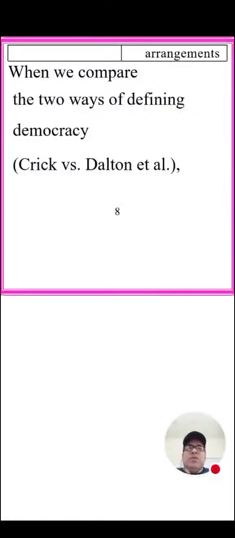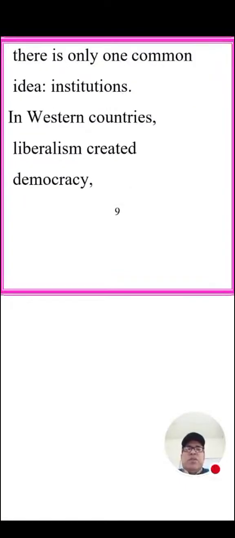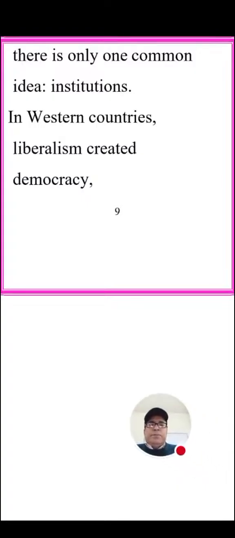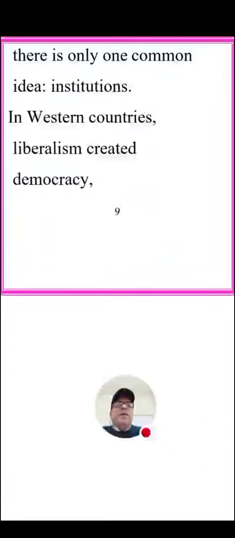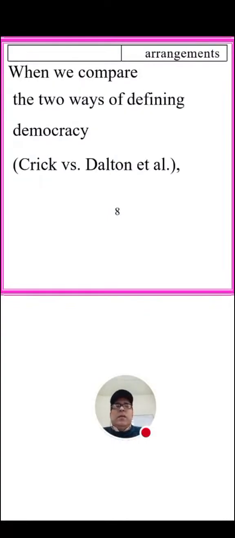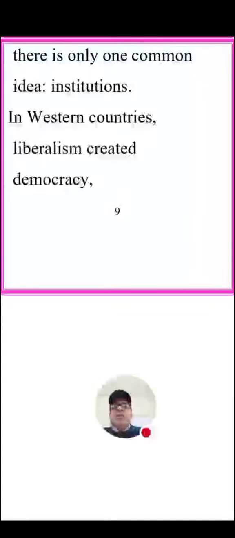When we compare the two ways of defining democracy, there is only one common idea, that is institutions. In both sets, in the table we have just discussed, the institutions are common.